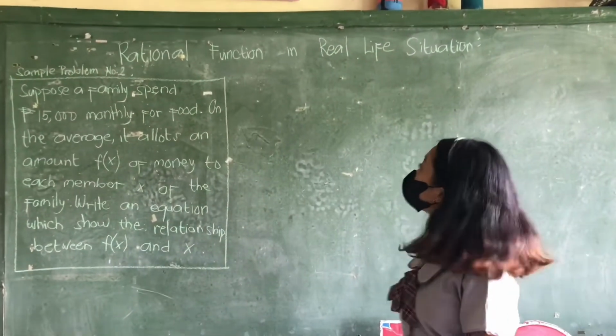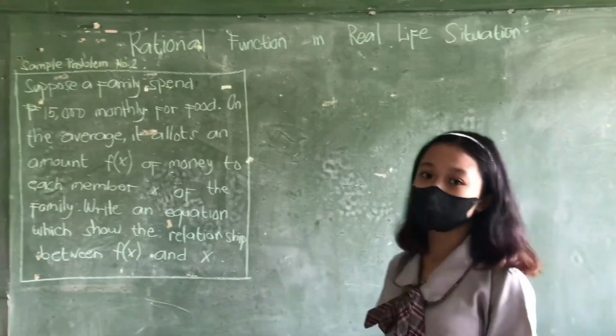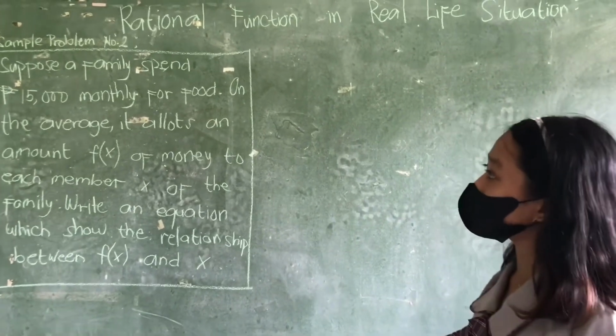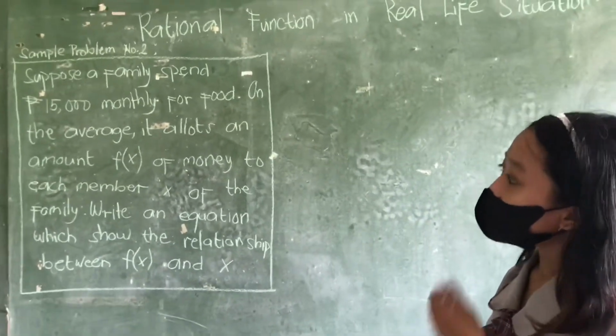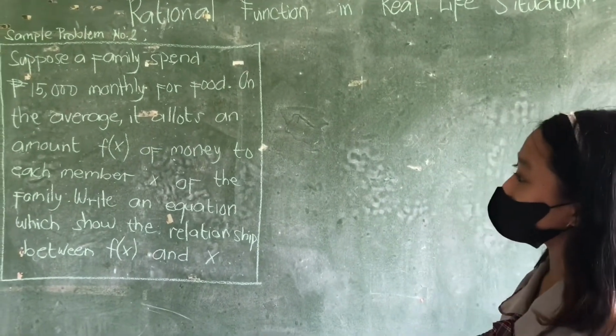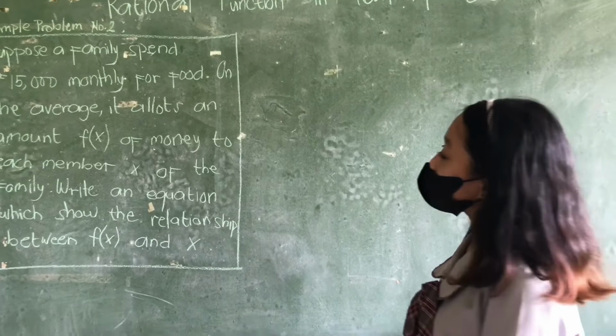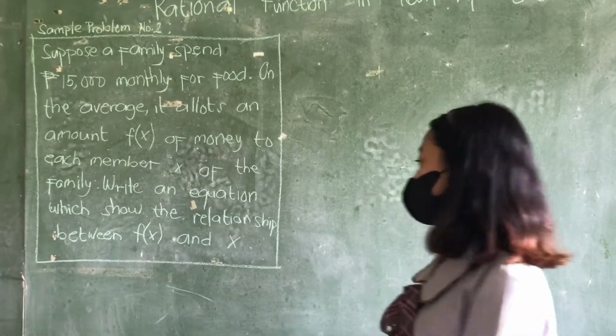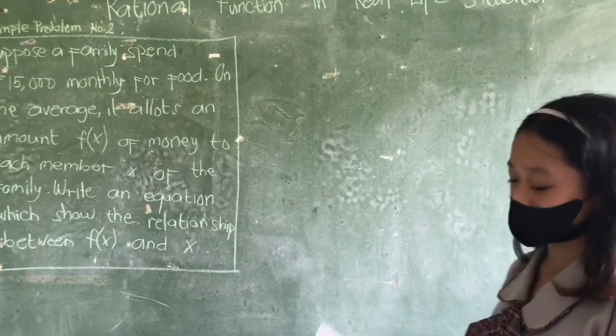Rational function in real-life situation. Sample number 2. Suppose a family spends 15,000 monthly for food. On the average, it allots an amount f of x of money to each member x of the family. Write an equation which shows the relationship between f of x and x.